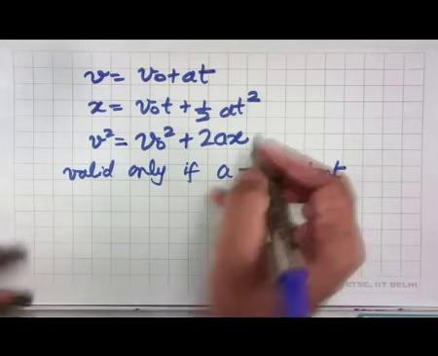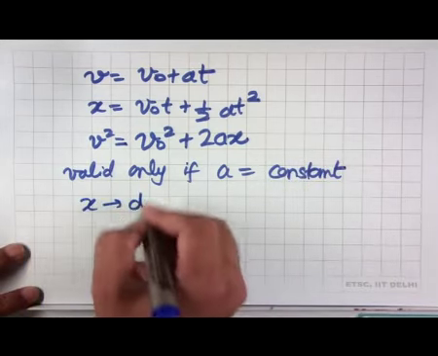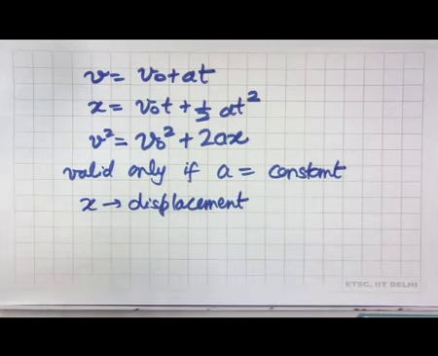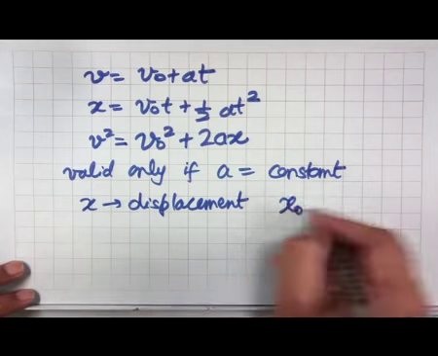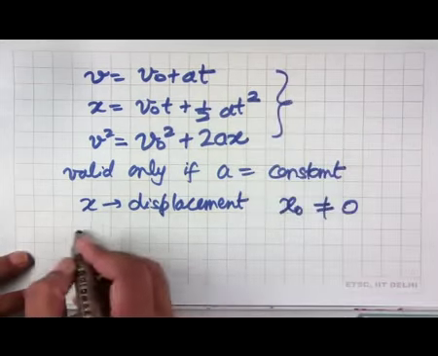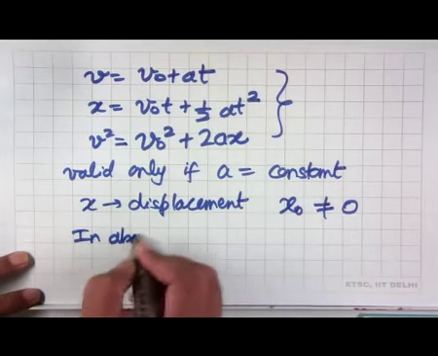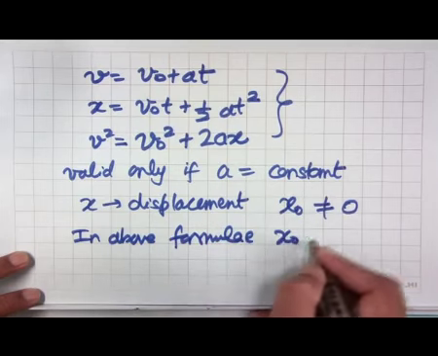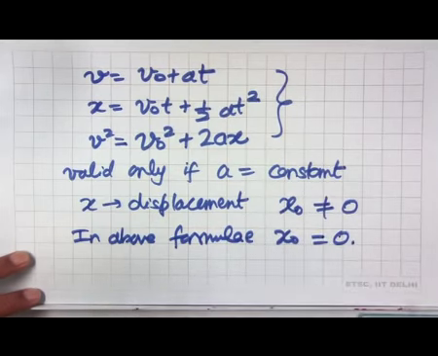Now, in the above formulas we realize x is the displacement. Now, we could have a case where x0 is not 0. So, in the above formulas, x0 has been assumed to be equal to 0.